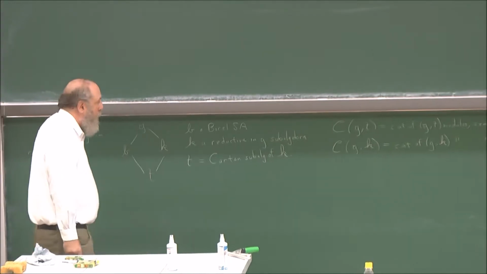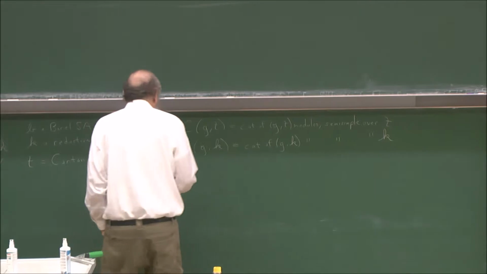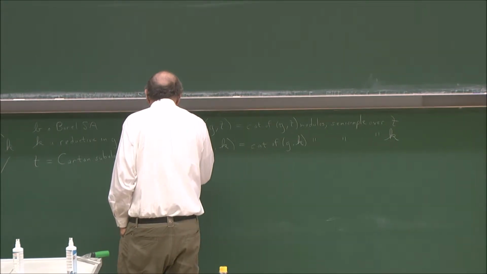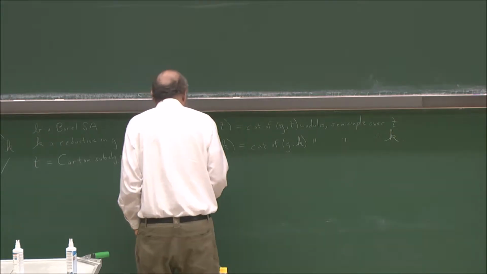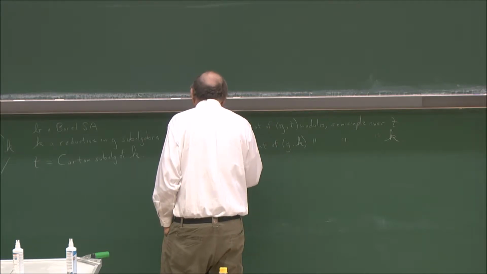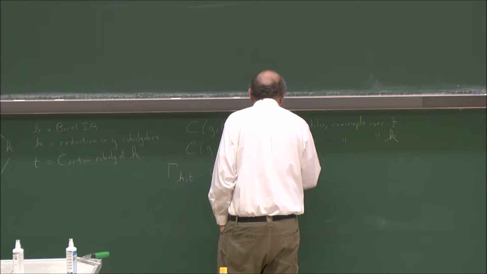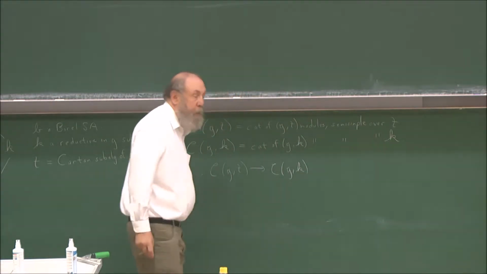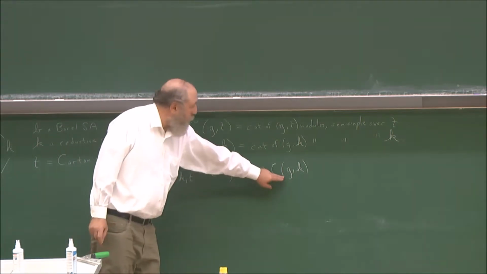The first thing that one can do, even before a choice of B, is consider a functor, which I've been writing gamma KT, and it's the adjoint functor to the inclusion.